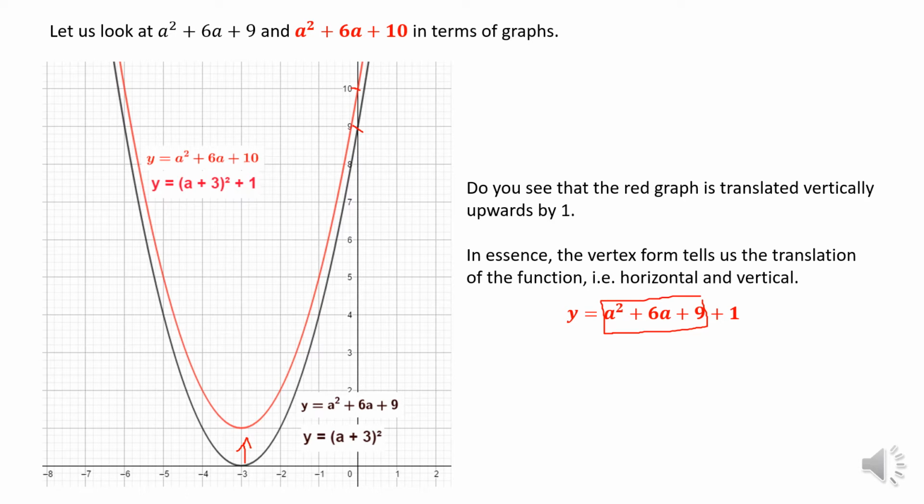So plus 1, that gives me the 10, tells me that the graph went up by 1. And again, when you take this part that I put under a rectangle here, you get a plus 3 all squared, as we have seen already, and the 1 indicates that the whole graph has been translated upwards.